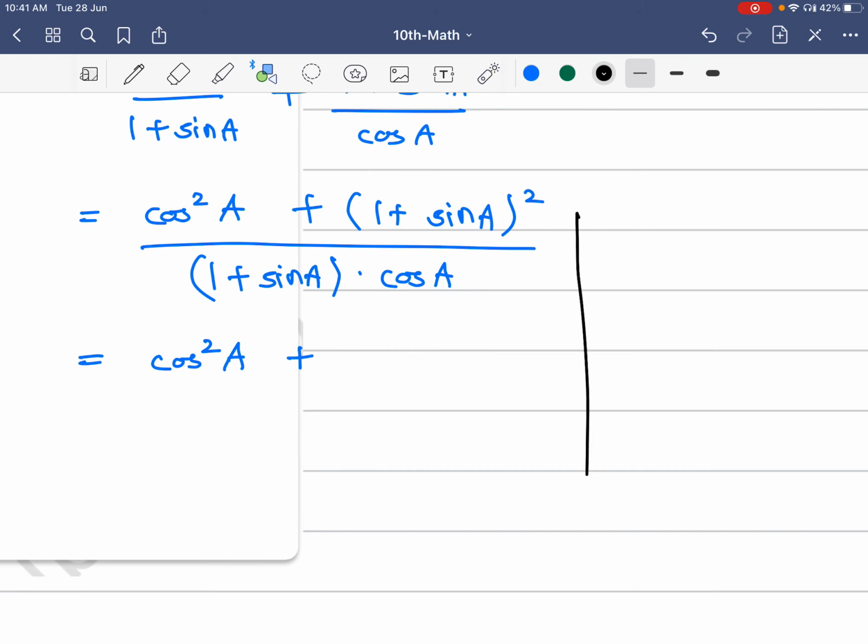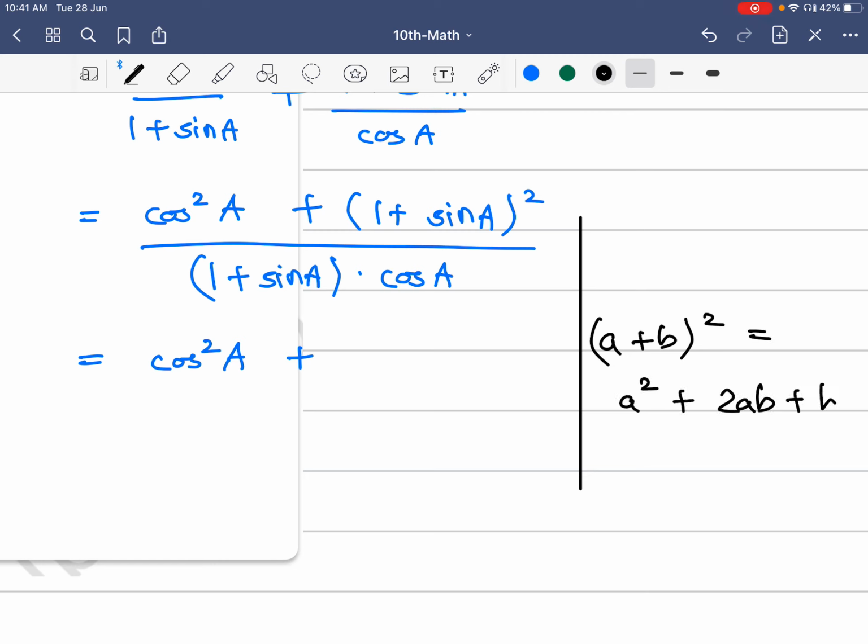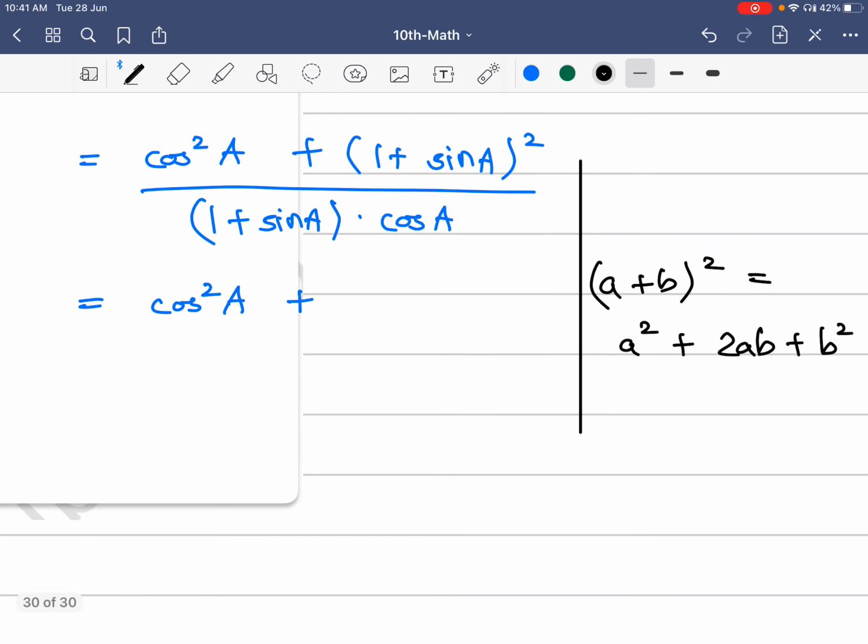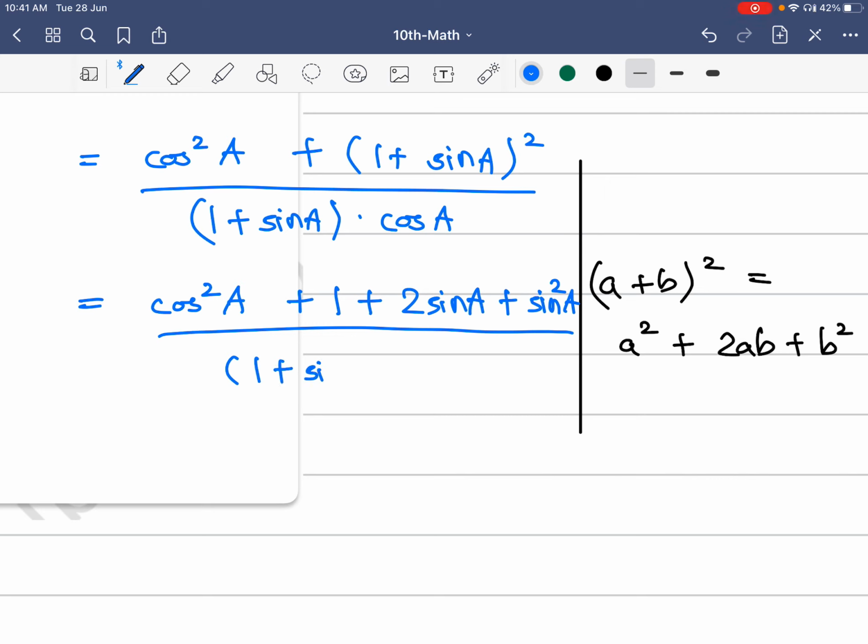So we have A plus B the whole square as equal to A square plus 2AB plus B square. Yes, so we're going to use this expression here. So A square, which is 1 square, is 1, plus 2AB, so 2 into sine A, plus sine square A. The whole divided by denominator remains as it is, 1 plus sine A into cos of A.